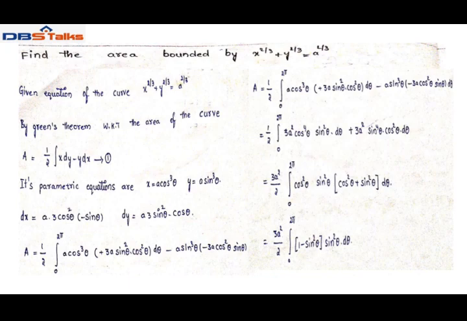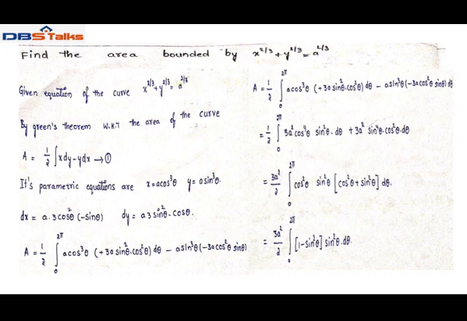So A = 1/2 ∫ from 0 to 2π of the first term 3a² cos⁴θ sin²θ dθ plus the second term 3a² sin⁴θ cos²θ dθ.